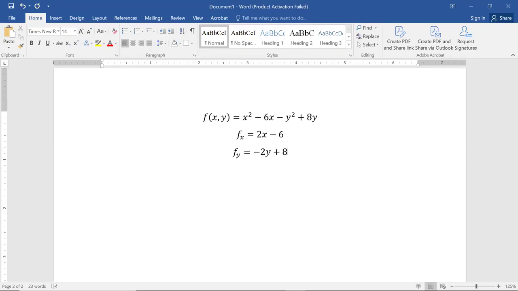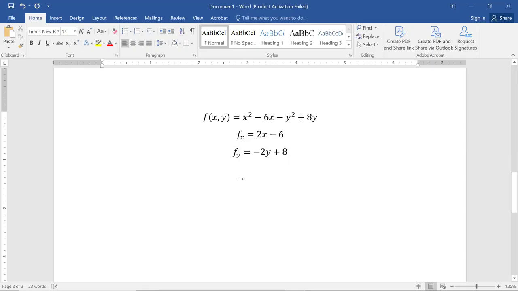Now, again, no matter what point you plug into your partial derivative with respect to x, you're going to get out a value. So it's going to be defined everywhere. Same thing with f sub y. No matter what point you plug in, you get a defined value. So there's no undefined first order partial derivatives.